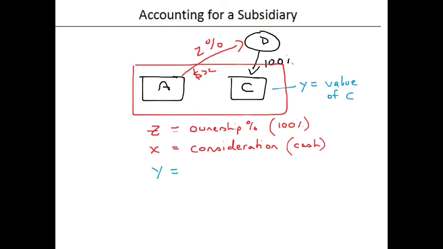So Y is the fair value of identifiable net assets. And so these are all the things which make up the value of C. These are all the identifiable net assets.